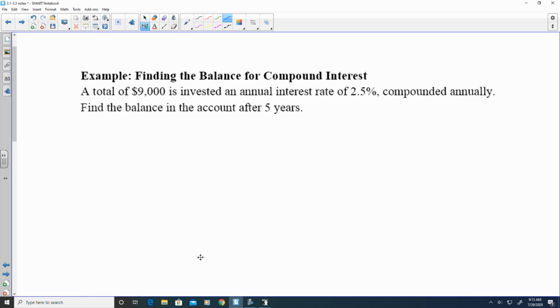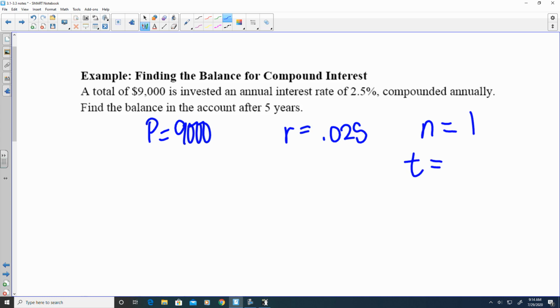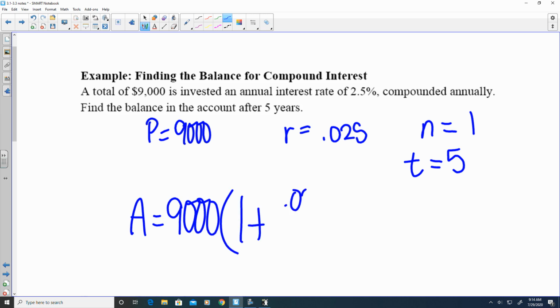If we invest $9,000, okay, that's our principal, at an annual interest rate of 2.5%, so as a decimal, that's 0.025, compounded annually, so that's n, after 5 years, so that's t. So this is going to be the compounded n times per year equation. That would be number 1 on the last page. The 9,000 is in front. 1 plus r over n to the nt.